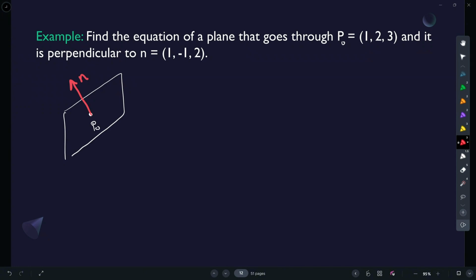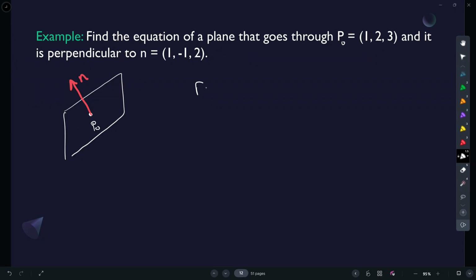And once I have those two pieces of information, there are several ways of expressing this plane, but the most usual ways are what we call the scalar form. The scalar form comes from the scalar product, that's where the name comes from, which is the dot product.